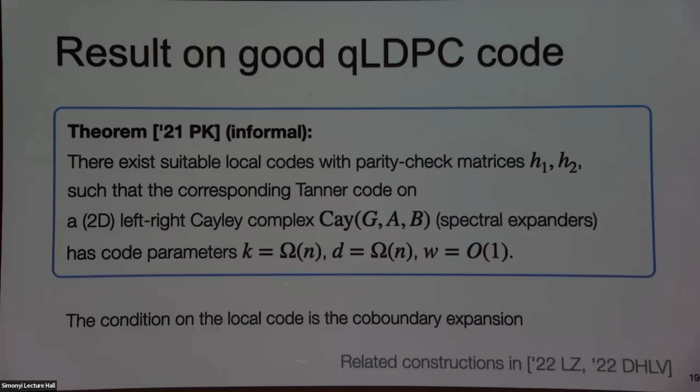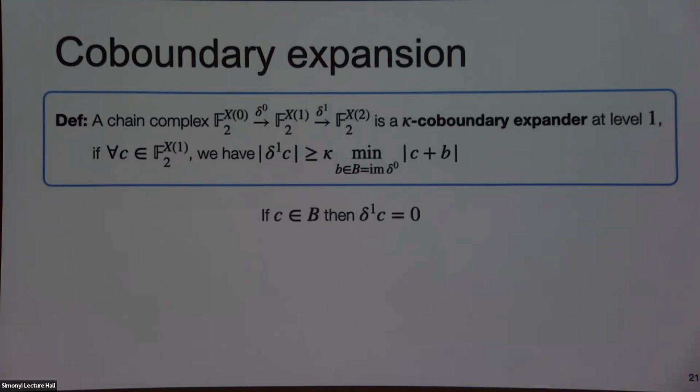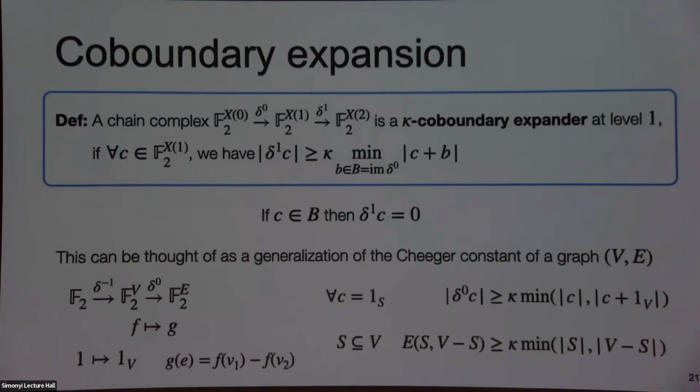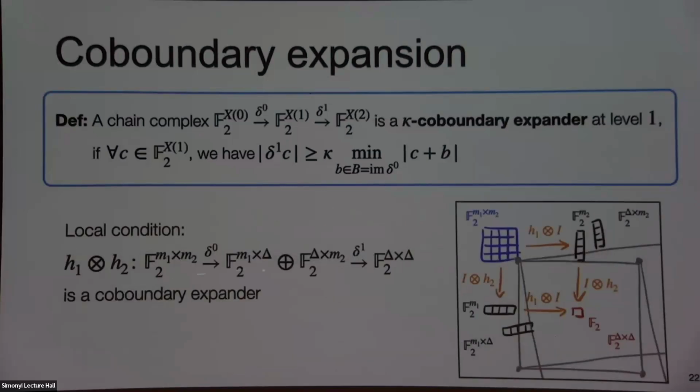Let me just say that in high-dimensional expanders, there is a notion called coboundary expansion. It's a very natural notion when you want to generalize the Cheeger constant to the chain complex setting. And it turns out this local condition can be phrased in this language.